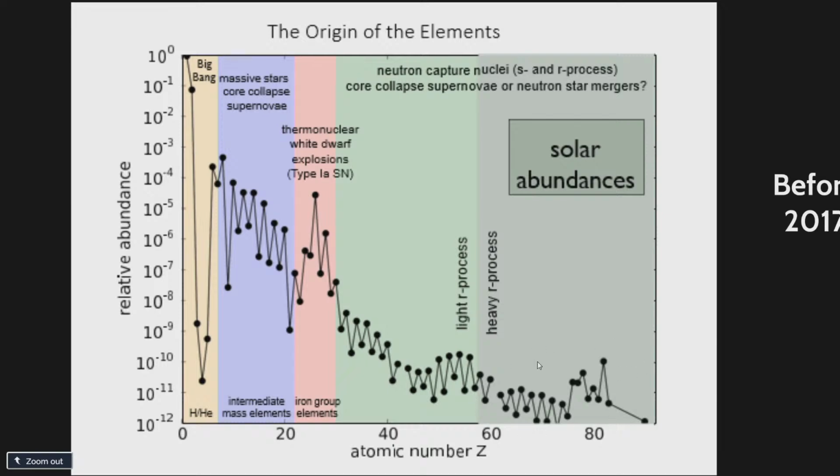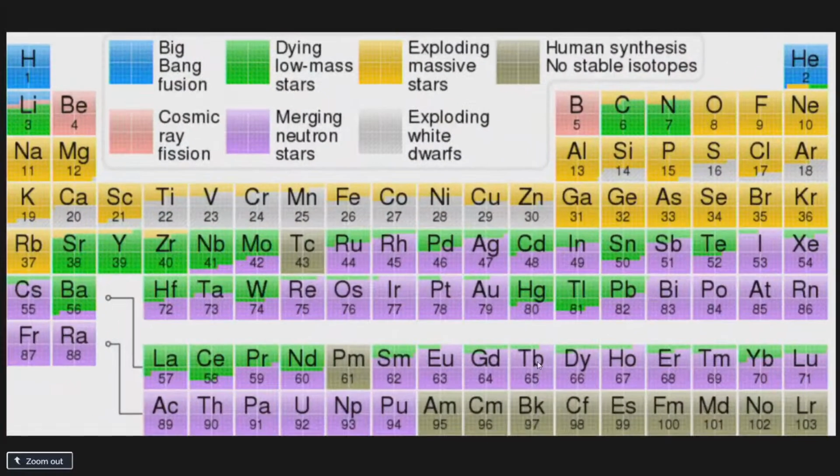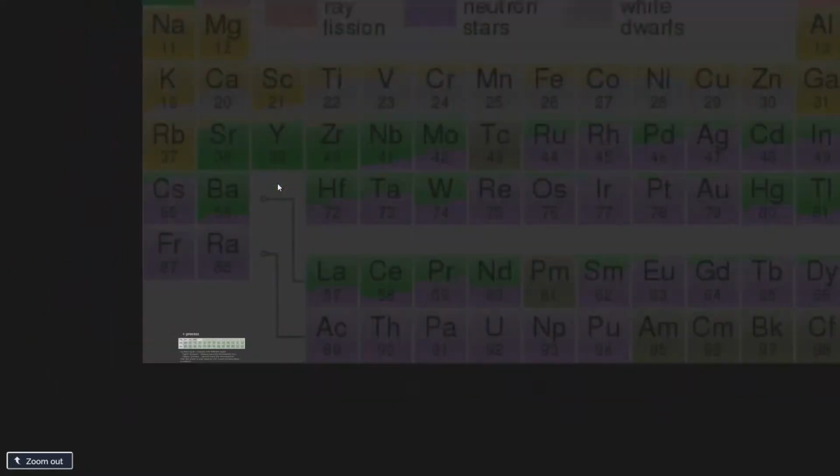And they estimate that there are enough neutron stars in the cosmos that could account for all the gold and uranium and other heavy elements that we see in the universe. So now we have a different periodic table where instead of supernovae, we have merging neutron stars as being the primary source of the gold and the heavier elements in the universe.